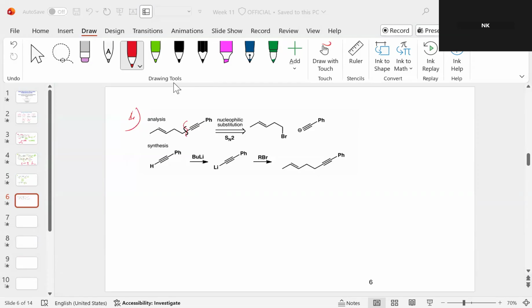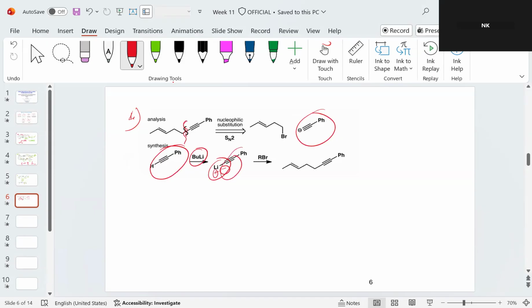Okay, look at this example first. If you do the disconnection here, you basically get this nucleophile. So this C negative acts as a nucleophile. And if you look at the linear synthesis, if you have this terminal alkyne and on addition of butyl lithium, you can basically get this lithiated compound, with Li positive and C negative.